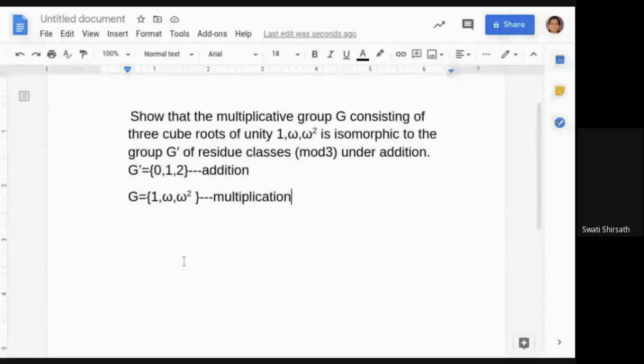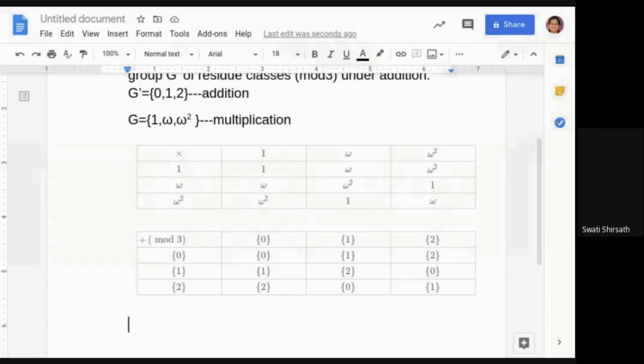You only come to know how they are isomorphic from the multiplication table. It is the easiest solution to find the one-to-one mapping. Are you all getting the same answer? Yes, ma'am. Okay.